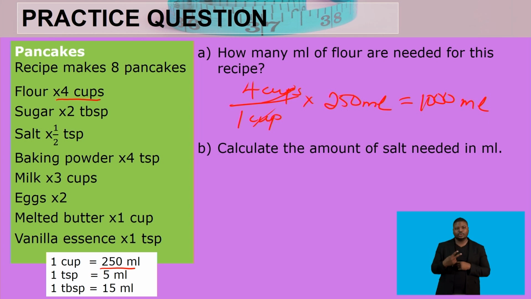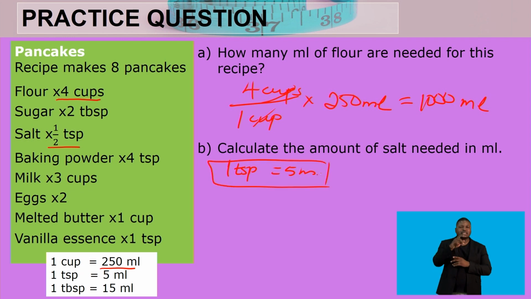Then question 2 says, calculate the amount of salt needed in milliliters. We are given that she will only use half a teaspoon of salt. So we say 1 teaspoon is equal to 5 milliliters. What are we looking for? Half a teaspoon in milliliters. So you will say half divided by 1 teaspoon, and teaspoon and teaspoon cancel, then you multiply by 5 milliliters.